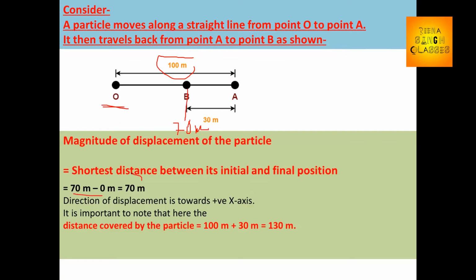So we will get the shortest distance between its initial and final position, 70 meter. What is the total distance covered? What is the total path covered by the particle? So first 100 meter and then he returned 30 meter. So 100 plus 30 is equal to 130 meter, which is total path covered by an object.